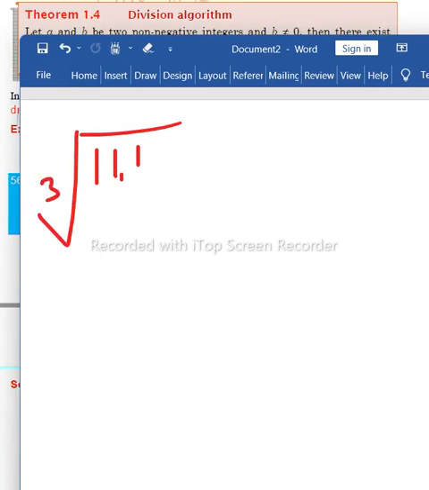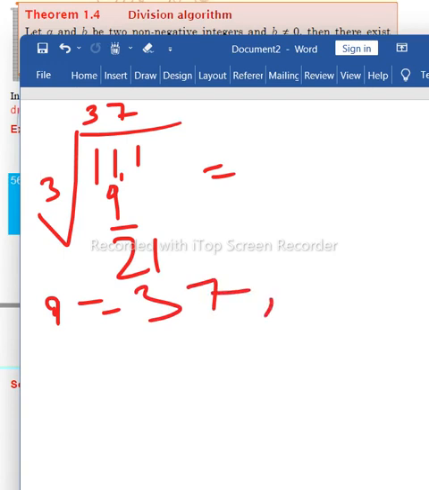We divide 11 by 3 and get 3, since 3 times 3 is 9. We subtract 9 from 11 and get 2, and we bring down the 1. We get 7, and there is no remainder, so the remainder is 0. So Q is equal to 37 and R is equal to 0.